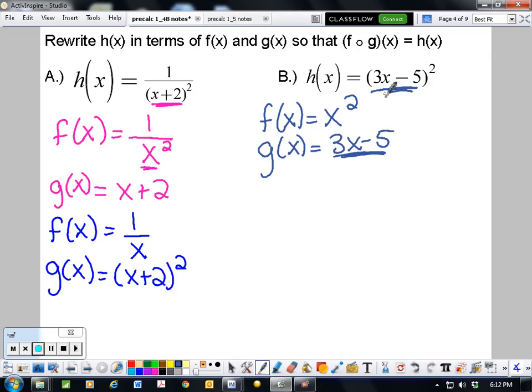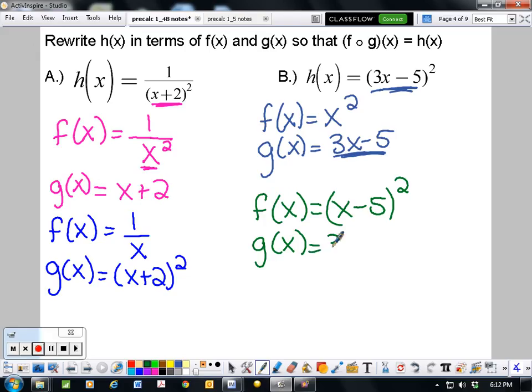You could have also done something like f of x is (x minus 5) squared, and g of x is 3x. So lots of different combinations, and it allows you to think creatively. What could possibly be paired together to give us that combination?